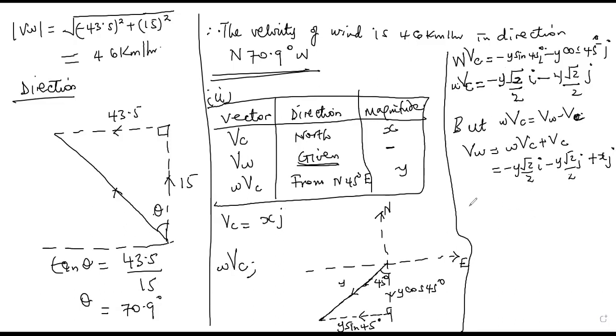So we can collect like terms. So it implies that this is going to be minus y root 2 over 2i plus x minus y root 2 out of 2j.